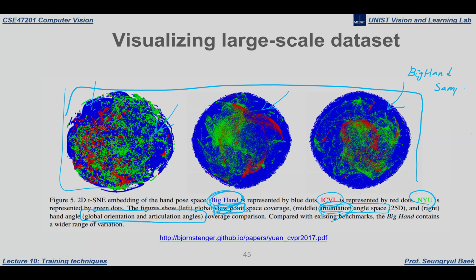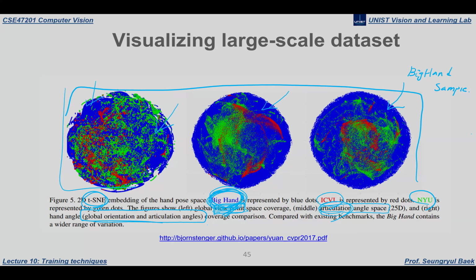What they did is they applied the t-SNE algorithm to reduce the input data samples in different benchmarks and visualize them in the 2D space. This Beacon is the samples contained in the million scale data.